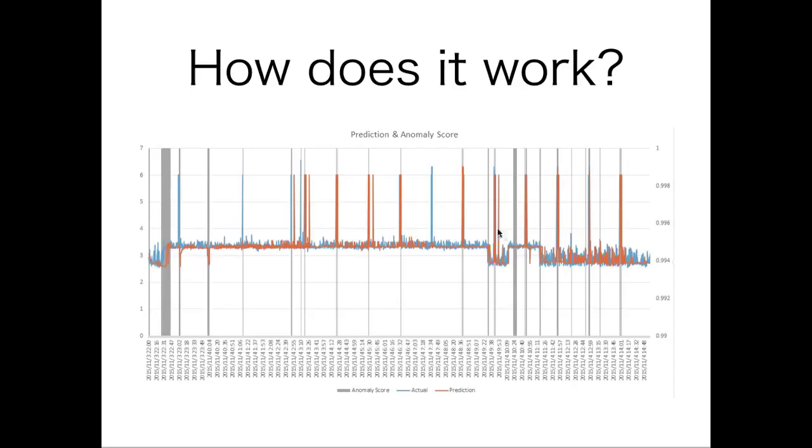And here actual values went down, but HTM also detected such a change and shows some anomalies. It went up, and went down again, and the anomaly score again. Even for this small spike, HTM detects an anomaly.